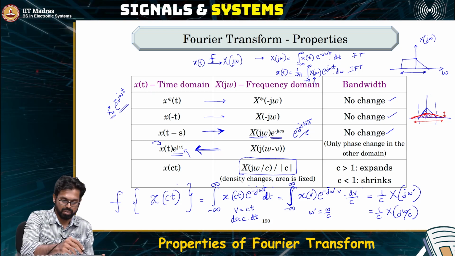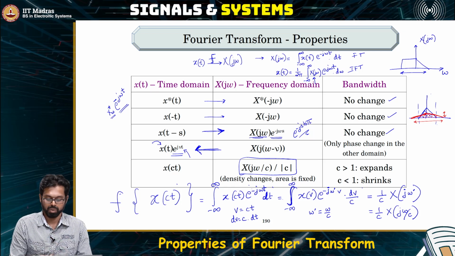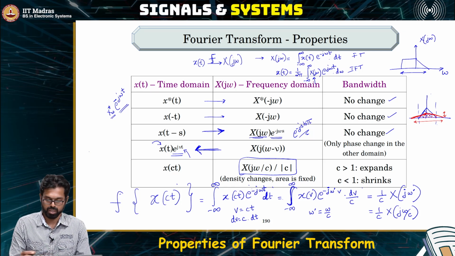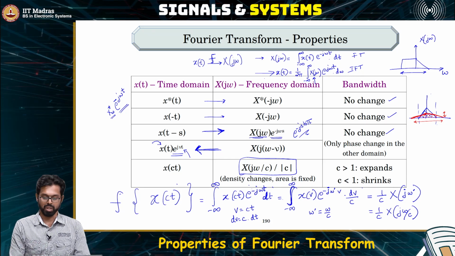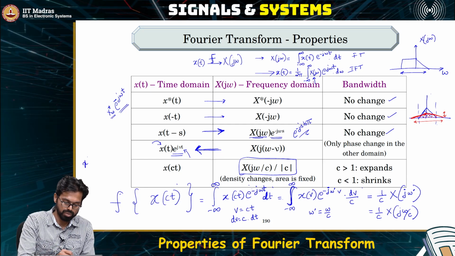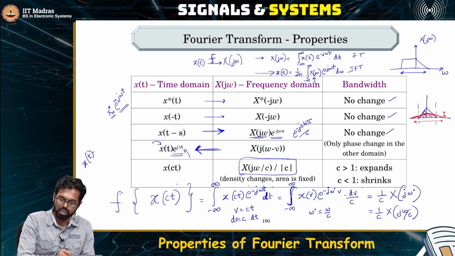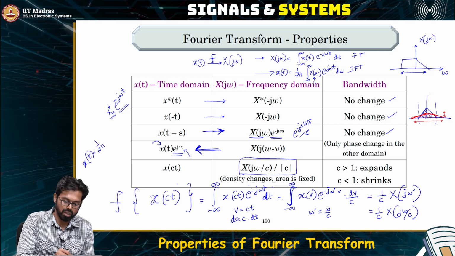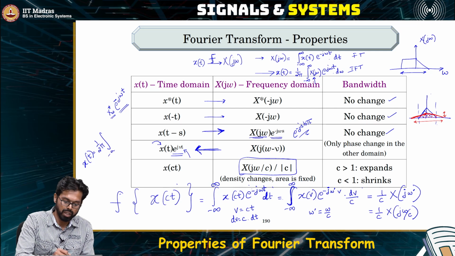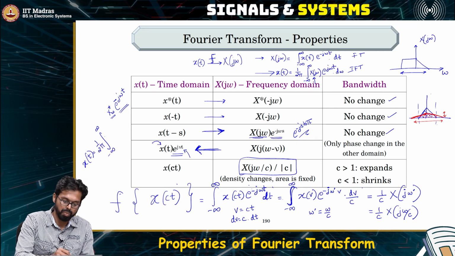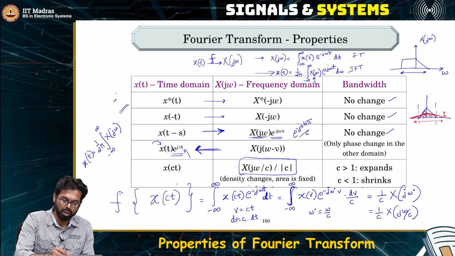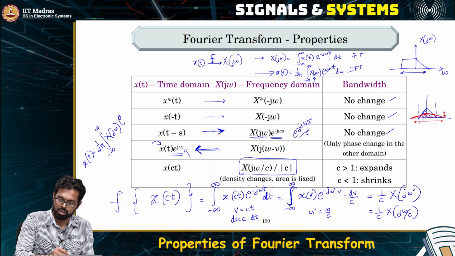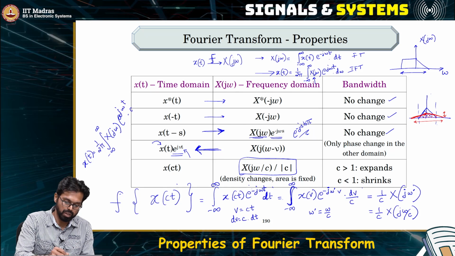Why should the area be fixed? There is a simple way of explaining why. Look at this inverse Fourier transform expression. x of t is 1 by 2 pi integral from minus infinity to infinity x of j omega e power j omega t d omega.